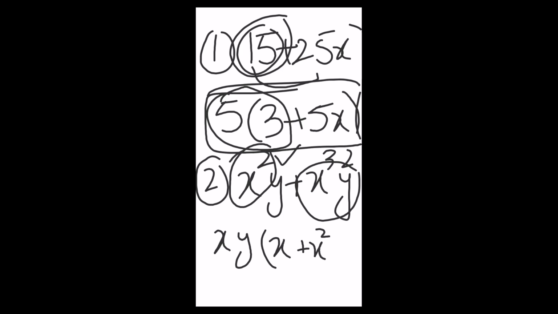Got it? Now here is y square. One y we have already taken out, so how many y are left? Only one y. So I'm going to write only one y.